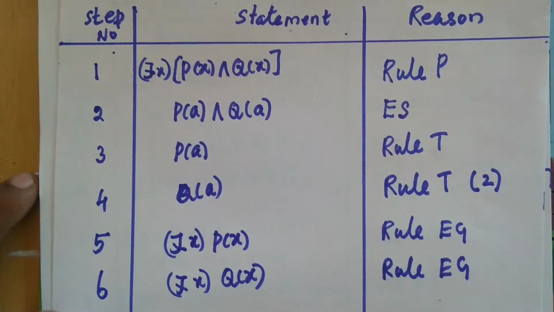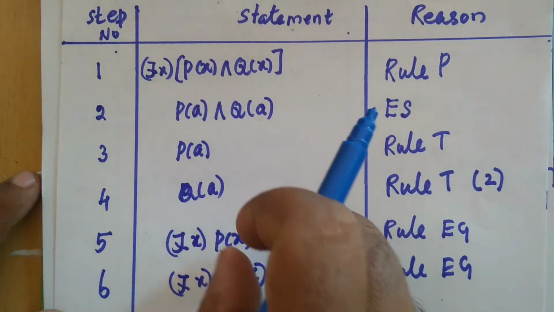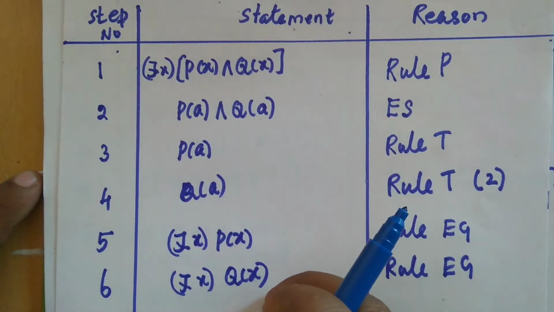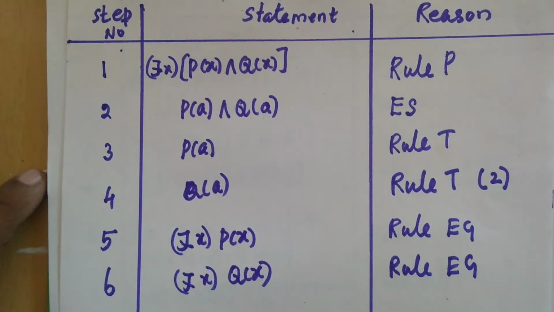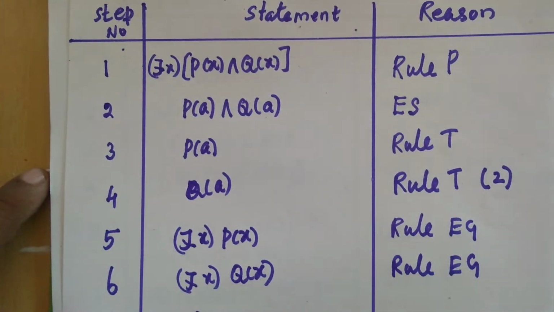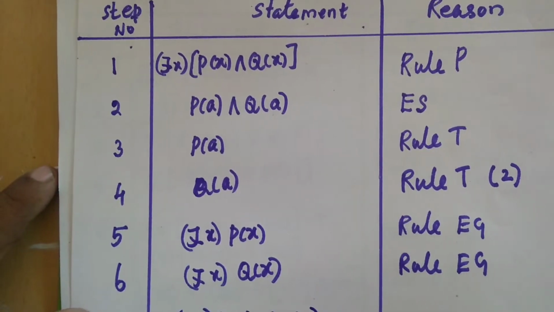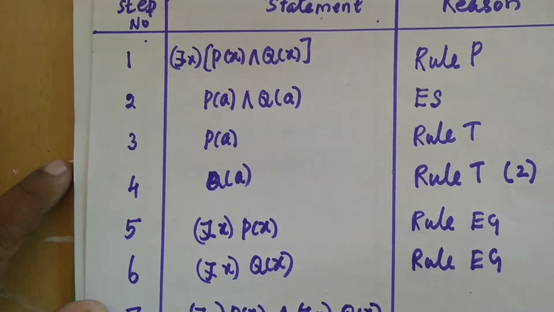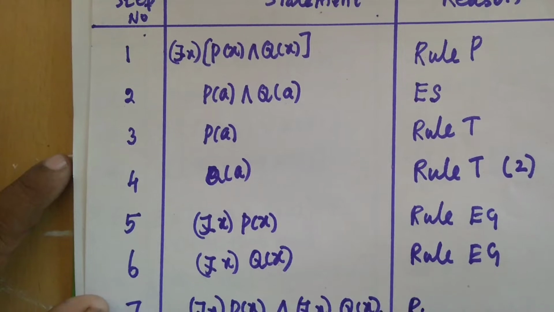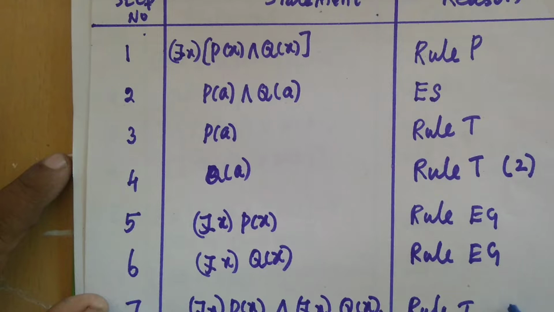So the last one, that is 7. Here there exists x, P of x, there exists x, Q of x. So we can write there exists x, P of x, and there exists x, Q of x by rule T, from 5 and 6.